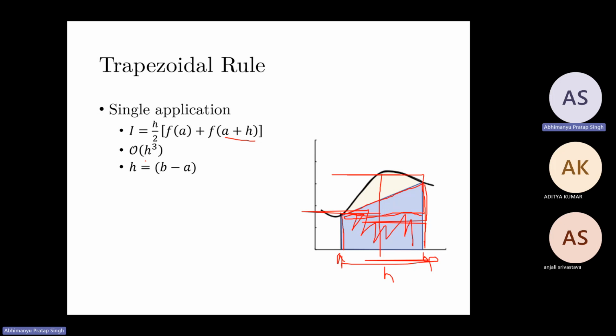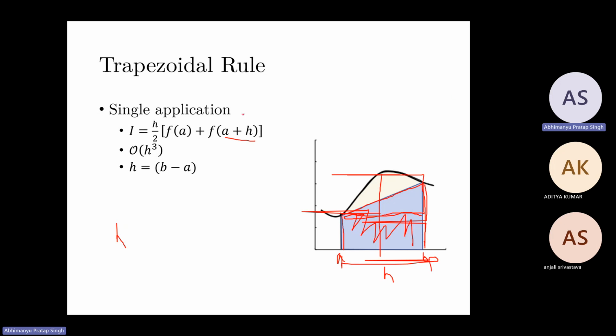In this case, if I take h as 0.1, then order of h to the power 3 would mean that the maximum my error can go is to the order of 0.001, or my error would always be less than this value.